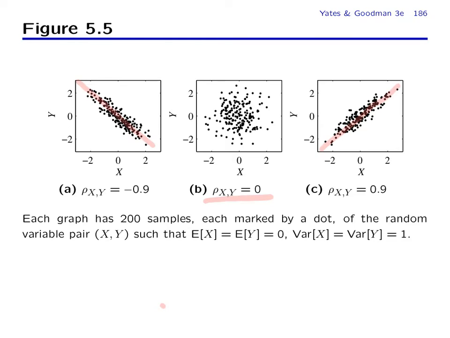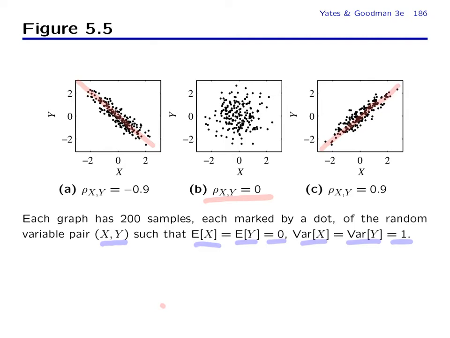So when we looked at these figures last class, I just told you that each xy pair is such that E of x equals E of y equals 0, and variance of x equals variance of y equals 1. Then for each figure, I managed to construct the xy pair to have a certain value of rho.